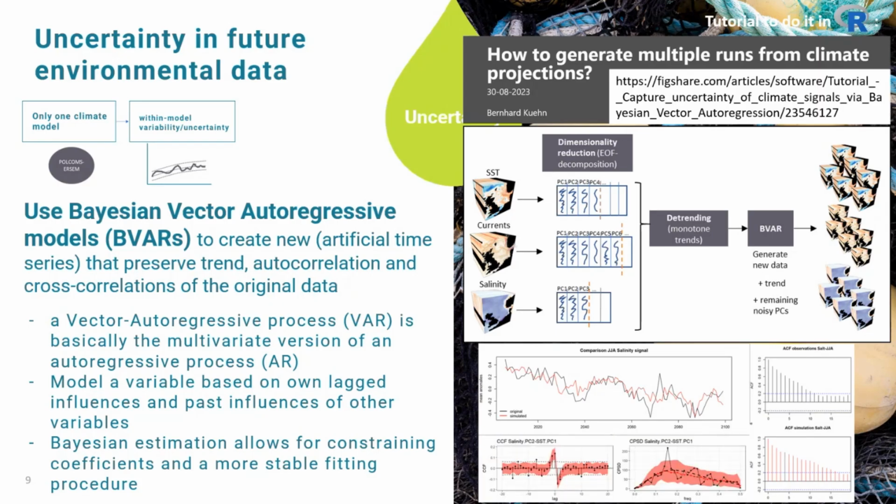And when you look at the cross-correlation function, for example, when you compare the salinity PC2 with the temperature PC1, then you see they influence each other on lag 1 and 2, it is mostly. And here also the simulated data in red match the original data quite well.